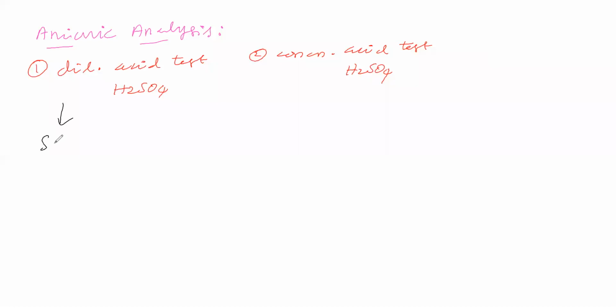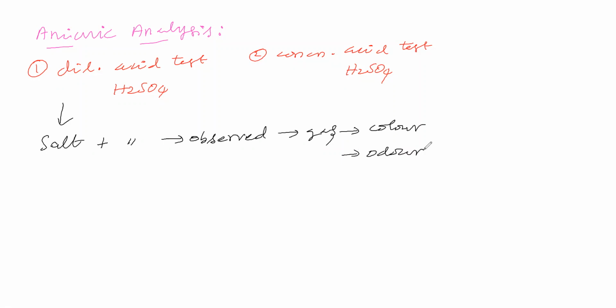First, we go for the dilute sulfuric acid test. Here we take the given salt and add dilute acid to it, then observe. Is there any change? Is there any gaseous evolution? If gas is evolved, what is the color and what is the odor of the gas?